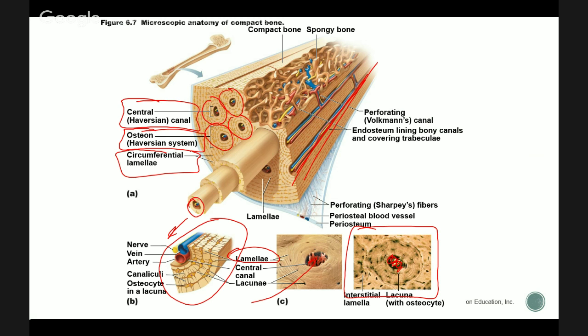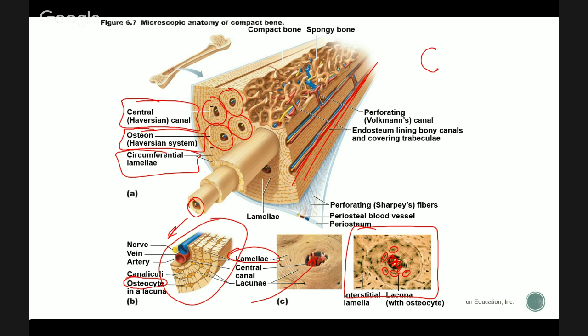In the lines, if you look at this picture, you notice all these little black holes. Maybe you noticed them when you were looking at the bone tissue. These are actually little homes that once housed the actual bone cell. When the bone is living, inside those little holes are the osteocytes.